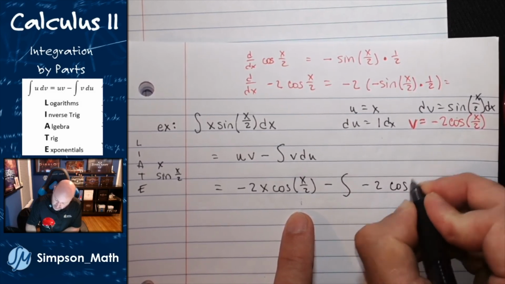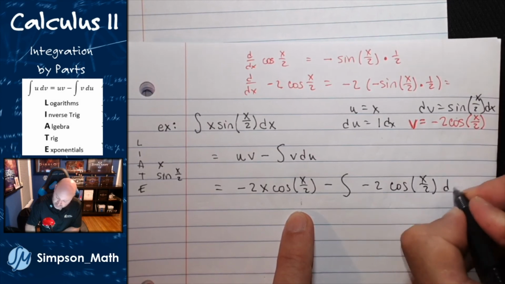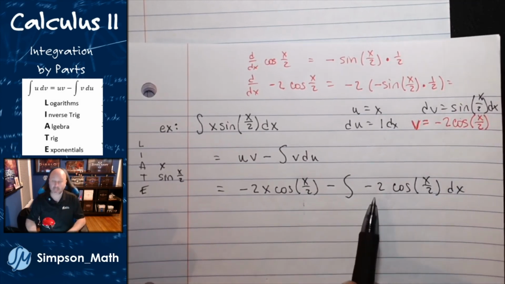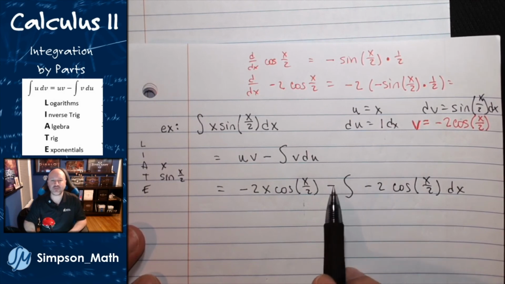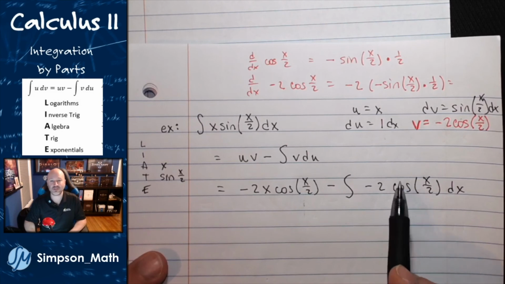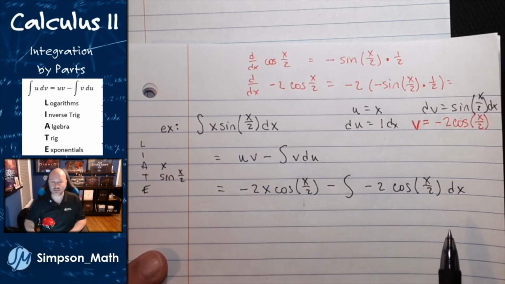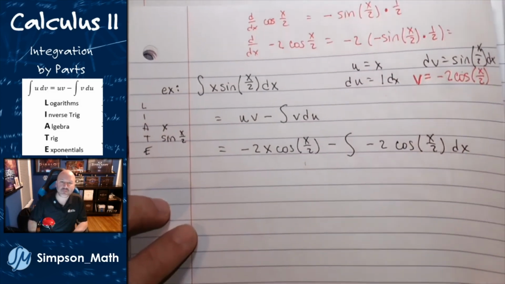Negative 2 cosine of x over 2 with respect to x. I can pull out the negative, I can pull out the 2. You know what? I'm dealing with cosine, so this seems to be that over and over pattern. So let's just continue though.